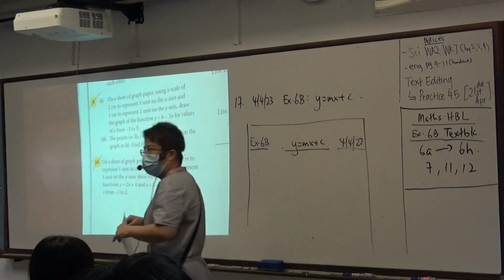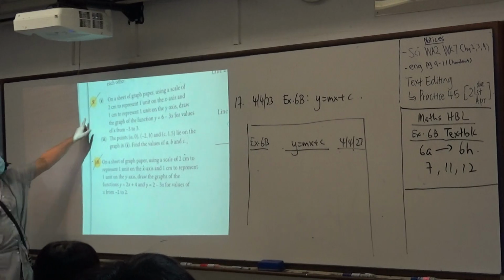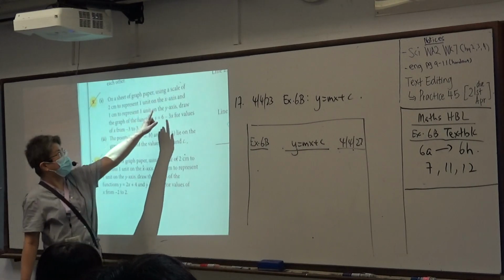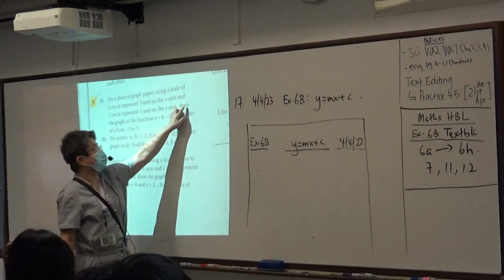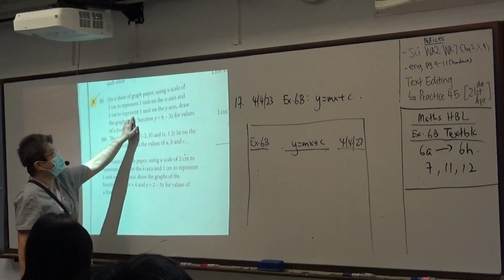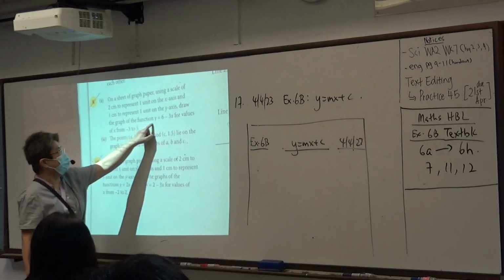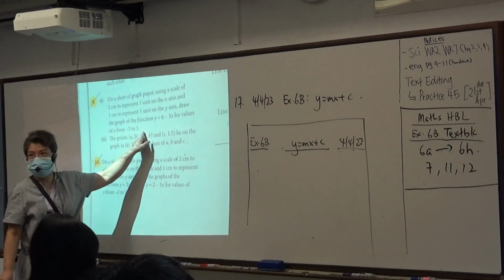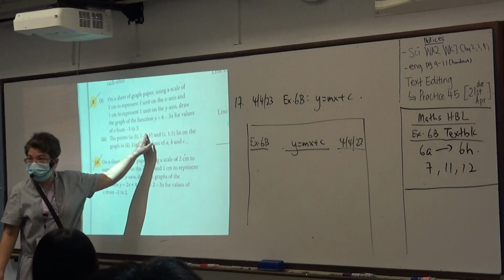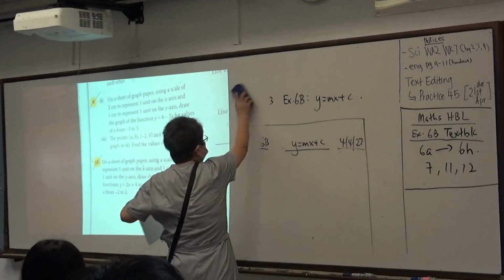All of you look at the board now. Don't do anything. Listen to me first. On a sheet of graph paper, using a scale of 2 cm to represent 1 unit on the x-axis and 1 cm to represent 1 unit on the y-axis, draw the graph of the function y equals this for values of x from -3 to 3. Understand what they're talking about here?